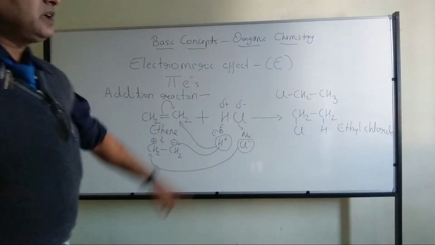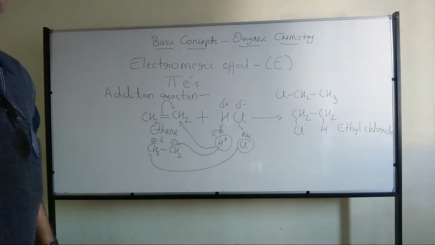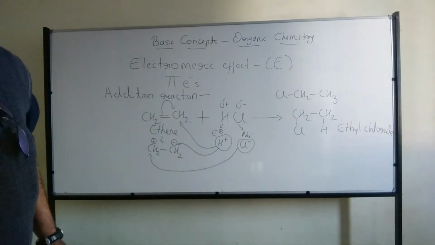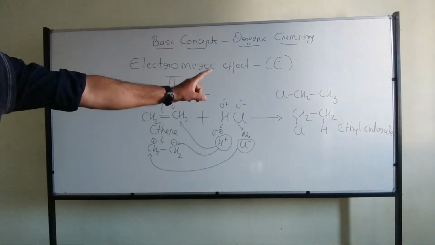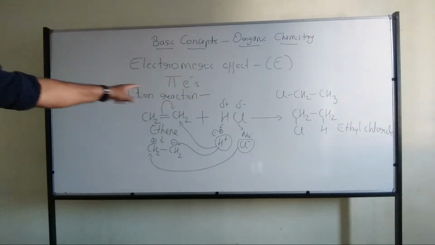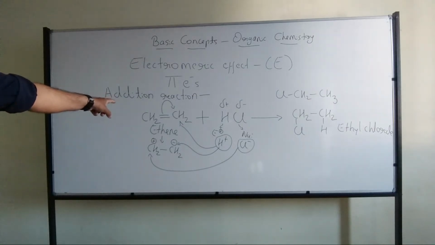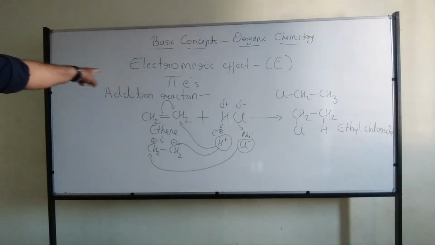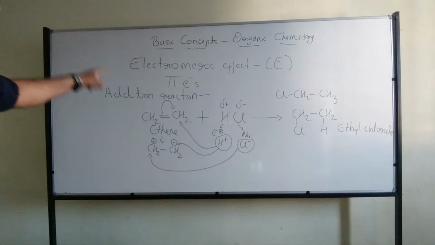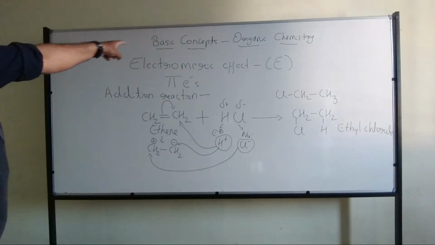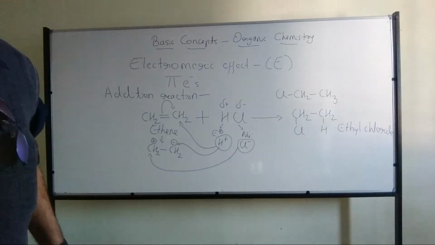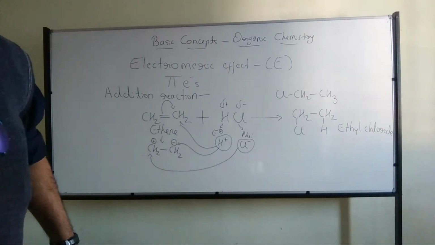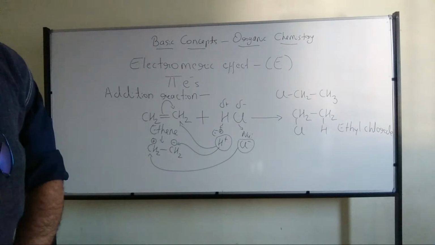Please remember, only single bonds are there between the carbons. So a saturated hydrocarbon derivative will be formed from the parental alkene, due to the addition reaction, which will be mediated by the electromagnetic effect. Any doubts with regard to this one?